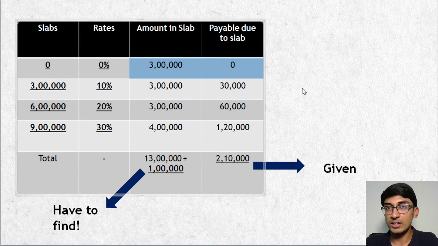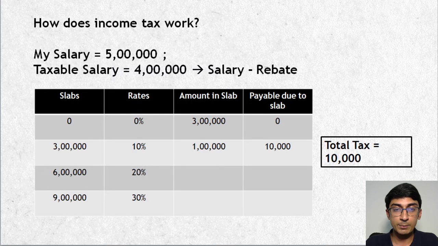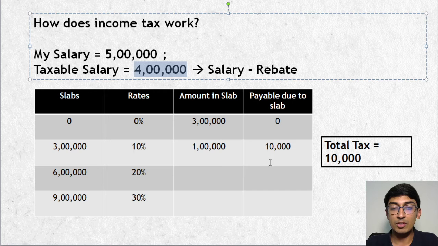Assuming all the tax paid is greater than 0, that is they have paid at least some tax, what we should do is first see whether all of the tax lies in the first bracket or not. So for example, if my taxable salary was 4 lakhs, I would have paid 10,000 tax.